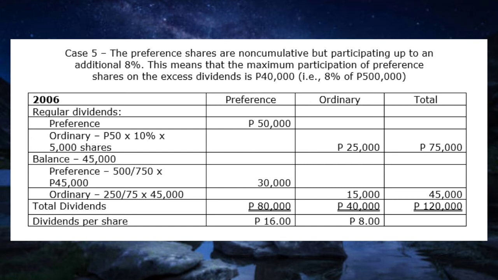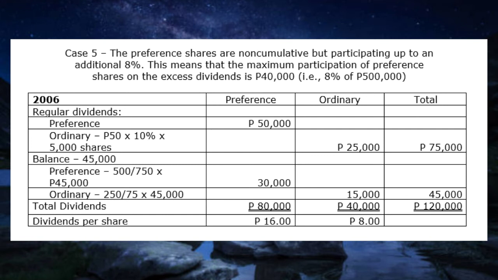Preference: 500 divided by 750 times 45,000 pesos is equal to 30,000 pesos. Ordinary: 250 divided by 750 times 45,000 pesos is equal to 15,000 pesos. Total of 45,000 pesos.